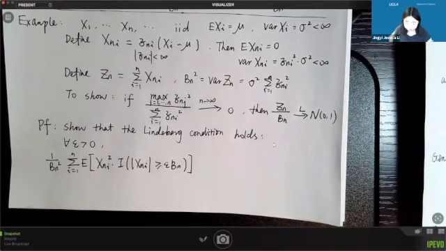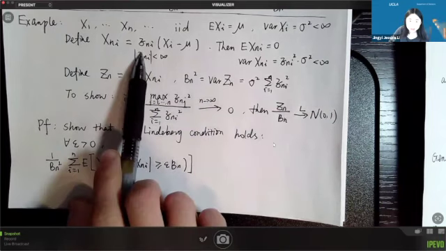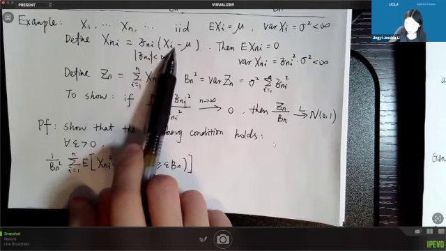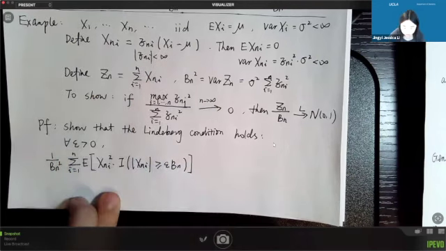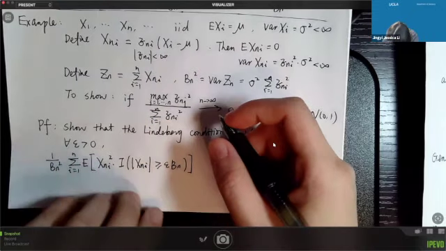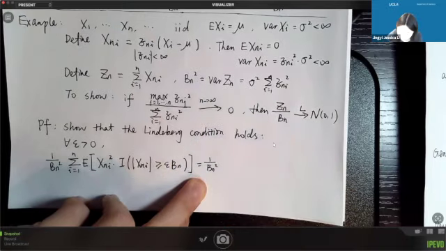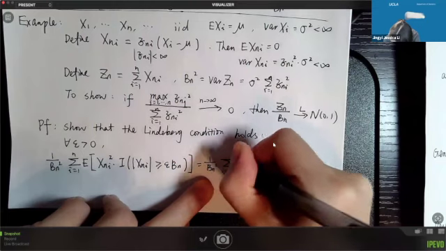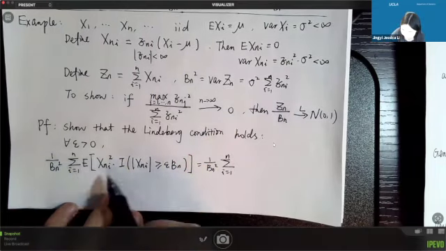And now we're going to apply our special definition of x_ni. That's z_ni times (X_i minus mu), right? Because ultimately we're going to play with X_i, but here x_ni is defined based on X_i. So we're going to do the replacement. So it's equal to 1 over b_n squared, and inside it, because z_ni are constants, they can get out of the expectation.